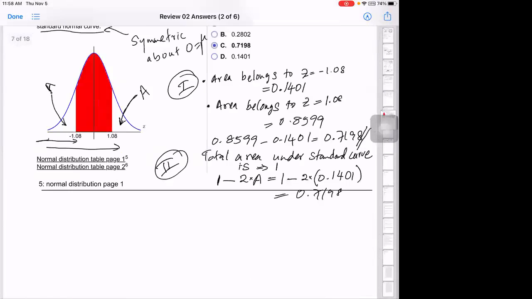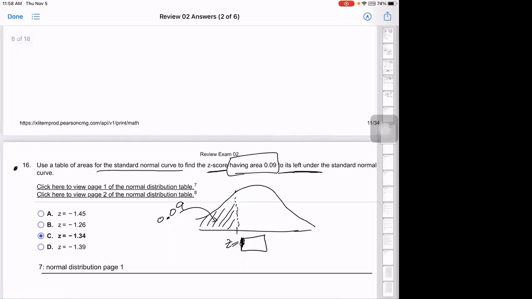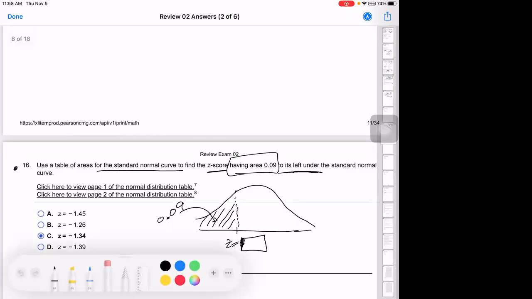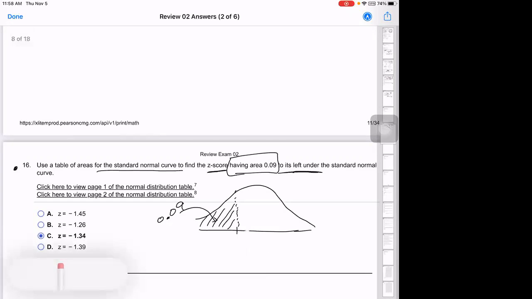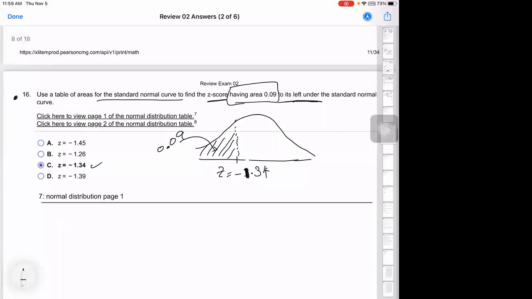What's the question? The C value is C equals negative 1.34, which means this one. Okay, this is how we deal with it if we have been given an area.